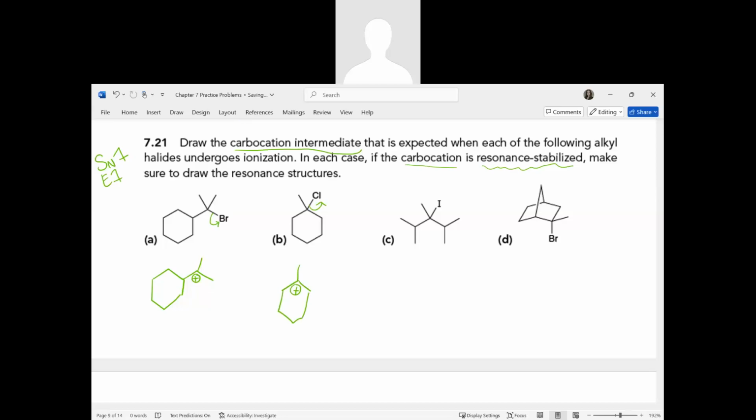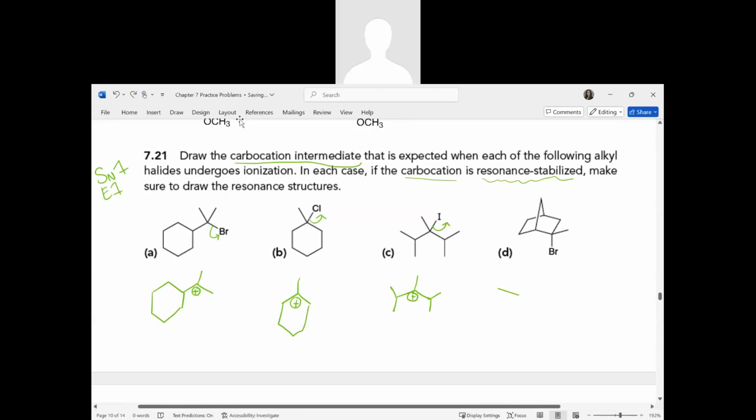And you may notice that none of these structures will have resonance. So we'll see with the second half of this question that we have some resonance structures generated. But once again, here we have this carbocation intermediate generated. And then with structure D here, we will also have a carbocation intermediate generated, and it will look something like this here.